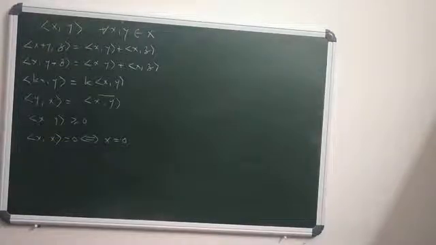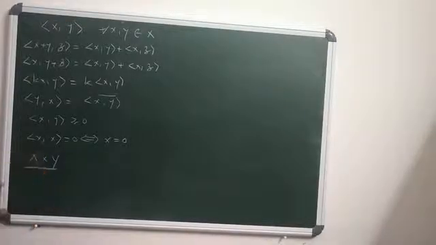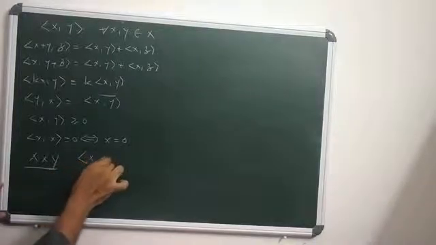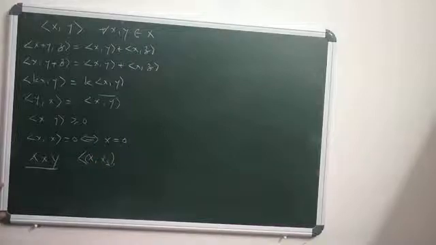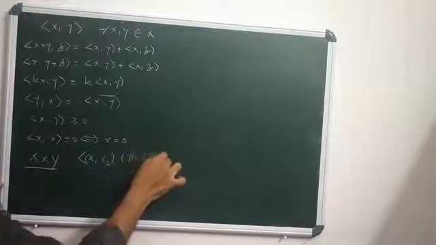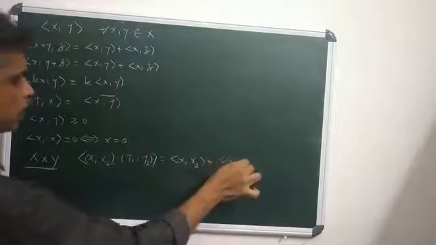If X and Y are inner product spaces, then the inner product on X cross Y is defined as inner product of (x1, y1), (x2, y2) equals inner product of x1, x2 plus inner product of y1, y2.